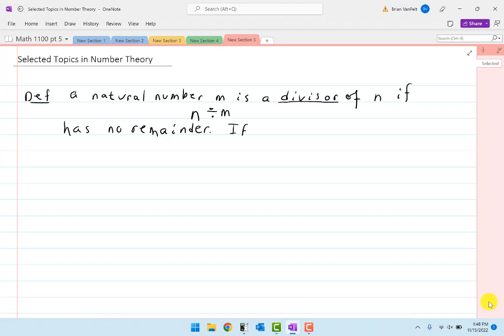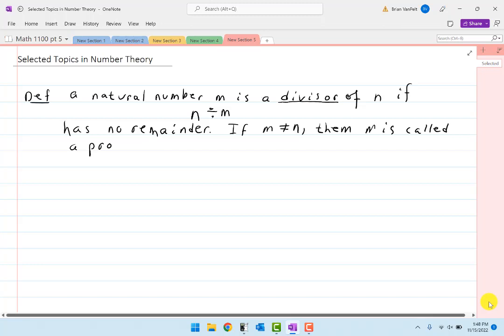If m does not equal n, then m is called a proper divisor.